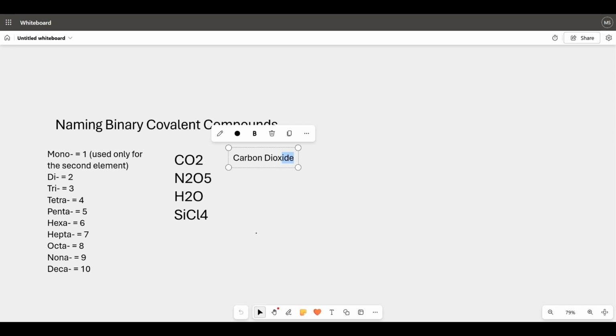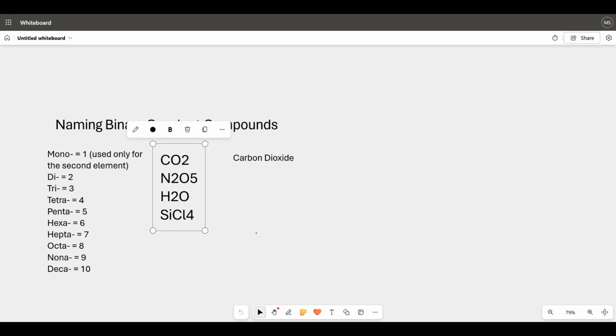We'll start off with some simple rules. So here's your first step. Your first step is identifying the two elements in the compound and also their quantity. So we notice that C right here in carbon dioxide stands for carbon. And we notice that there's a 2 after O2.